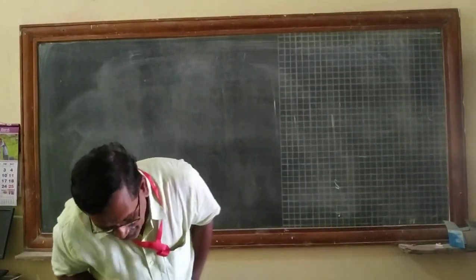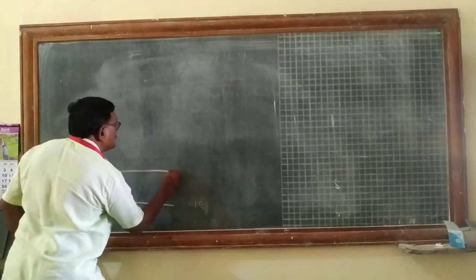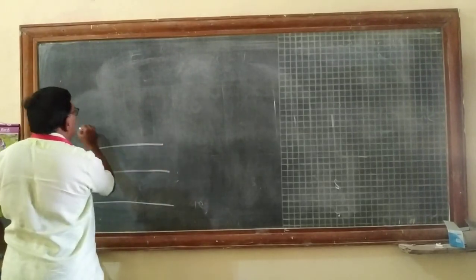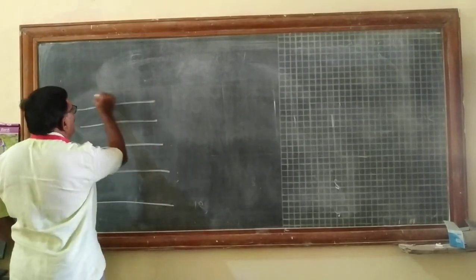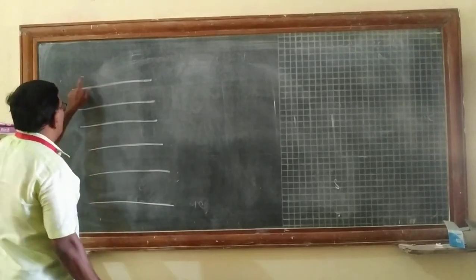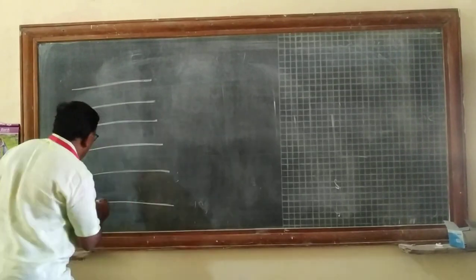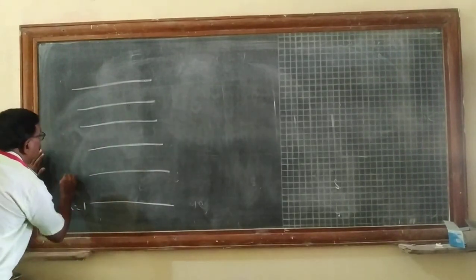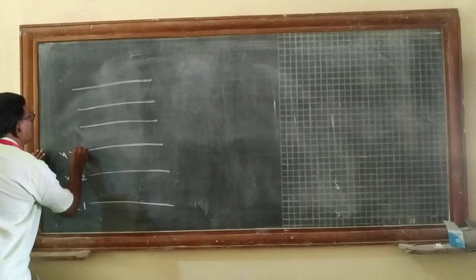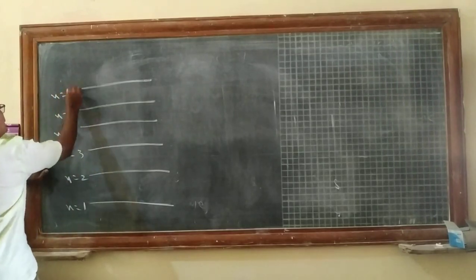Suppose for the Rayleigh line we have the first, second, third, fourth, fifth, and sixth energy levels. So 1, 2, 3, 4, 5, and 6. That is n equals 1, energy level 1, n equals 2, n equals 3, n equals 4, n equals 5, and n equals 6.